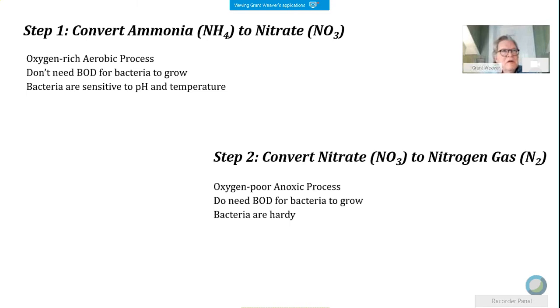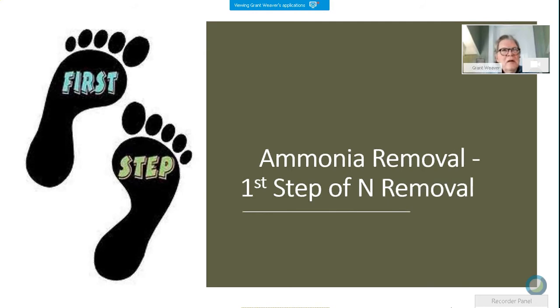So if you're removing ammonia, even if your permit isn't requiring total nitrogen, even if you don't foresee that coming, it's money well spent for your community because you will save money in operation of your facility by finding a way to go to a denitrification or nitrate-removing step.